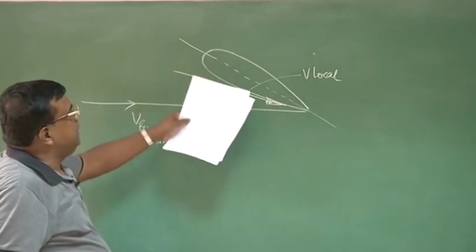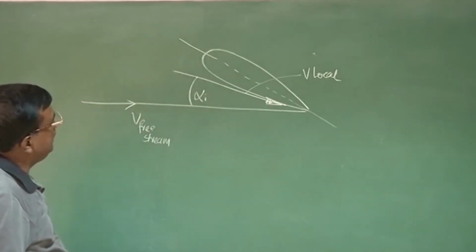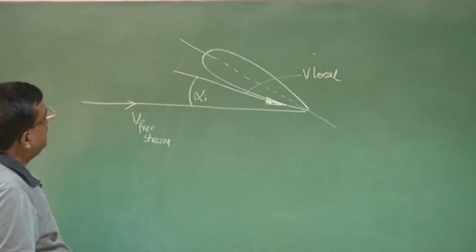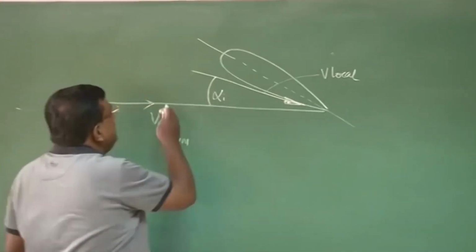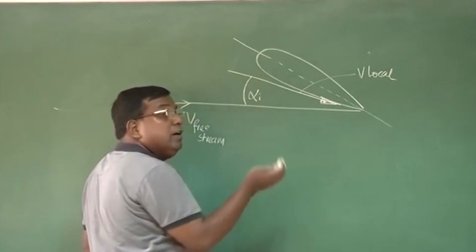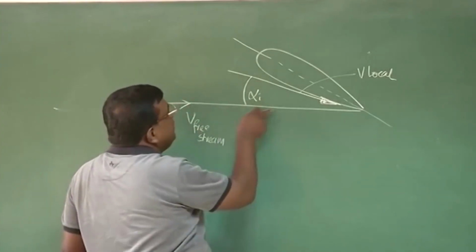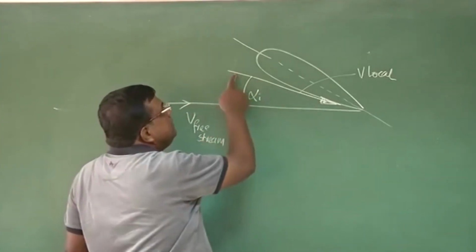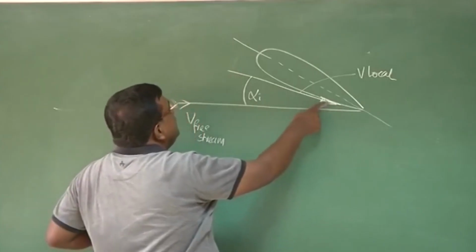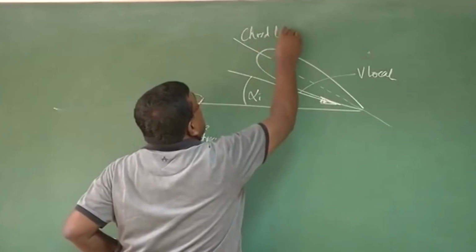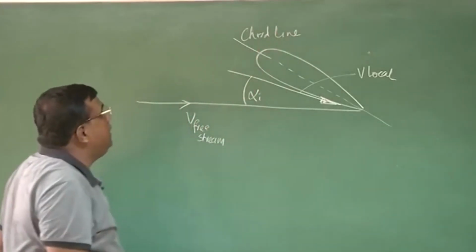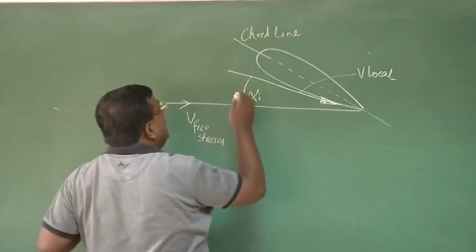So this is, let's say, a wing, and this is the free stream velocity. As it comes near the wing, there is a downwash because of wingtip vortices. The velocity vector gets tilted downward. So this is the local velocity direction, and this is the chord line.